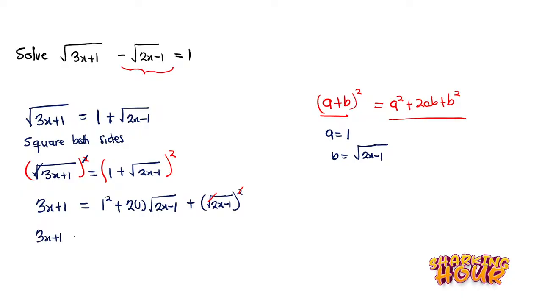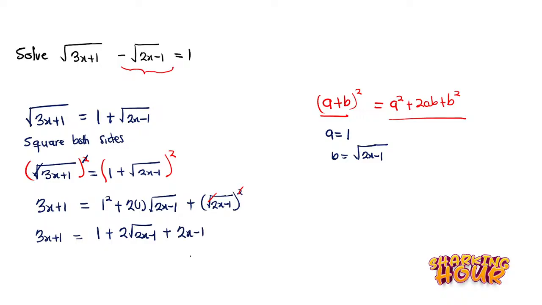This will be equal to 1 squared is 1, so I write 1 plus 2 multiplied by 1 will give me 2. Then the root 2x minus 1 is also still here. Then plus over here, because the square has already taken care of the root sign, I only have 2x minus 1 over here.